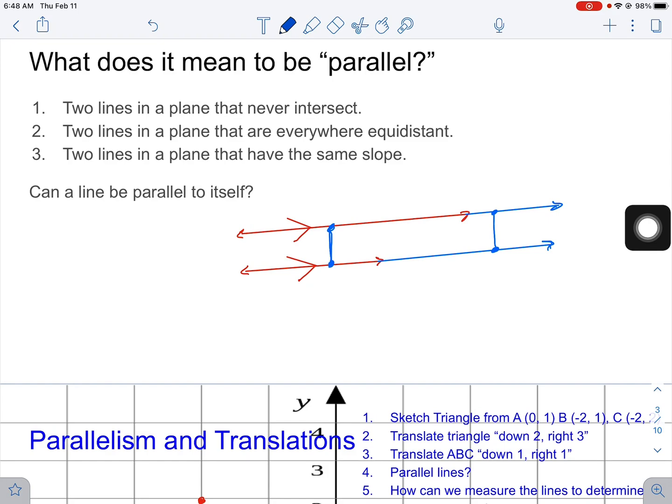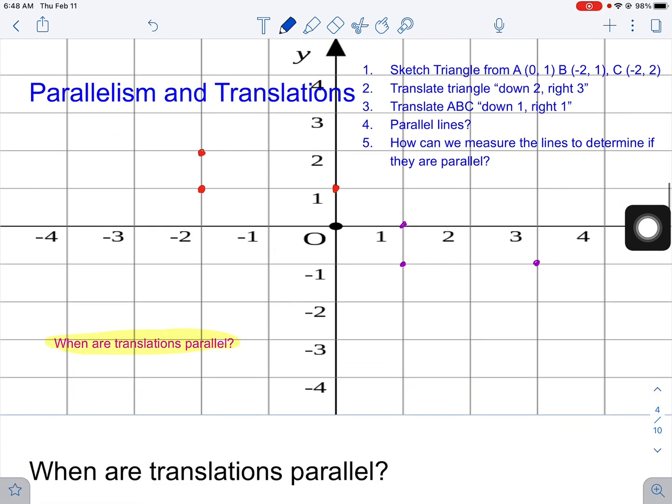Or two lines that have the same slope. Let's say this initial one was 1/8, that means that another line with a slope of 1/8 would also be parallel. So those are three different definitions that you can use when you talk about parallel.